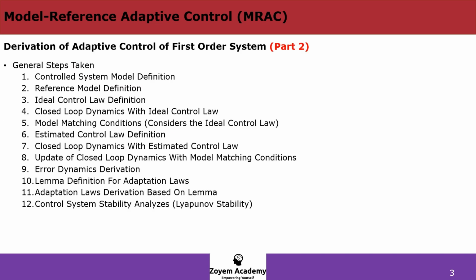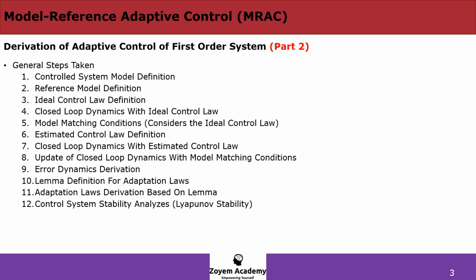And so we are going to take 12 general steps, right? Starting with defining what the control system is, and picking a reference model that we want the plant or the control system to follow.